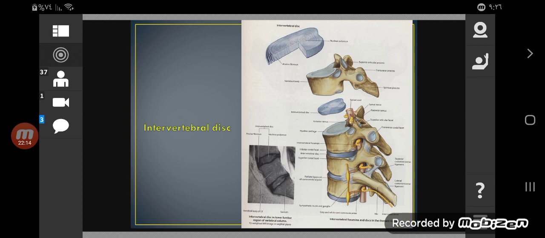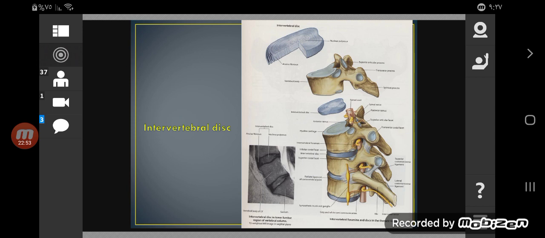During daily activity, by the end of the day, the nucleus pulposus loses water content, and because of this the thickness of the intervertebral disc will be decreased, because of losing water.